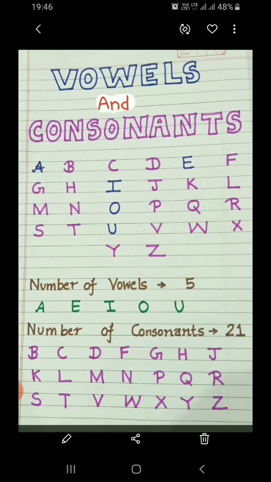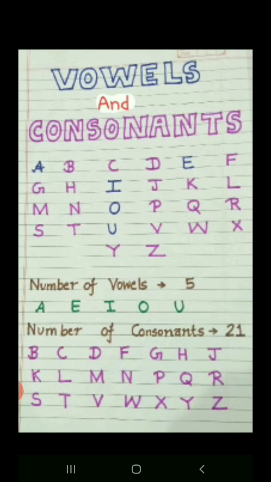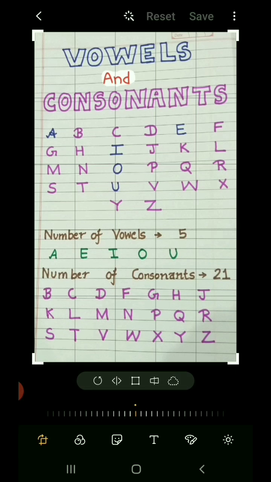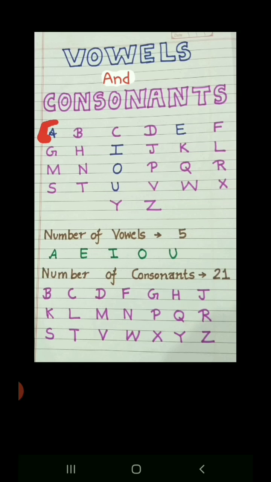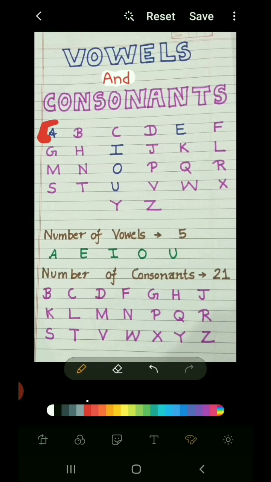Let's start. Now see, children, first of all I am showing you the first letter. A is in blue color, so it is a vowel.